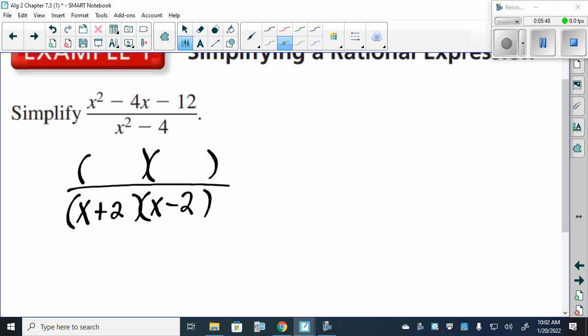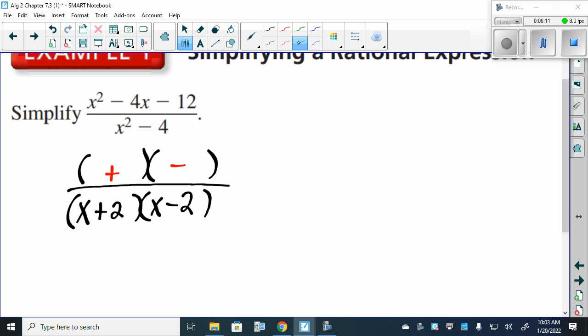Now we also need to factor x squared minus 4x minus 12. So, two sets of parentheses, because as we look at both of these here, there is not a greatest common factor that we can pull out. Since the 12 is negative, our signs are opposite, plus and minus.